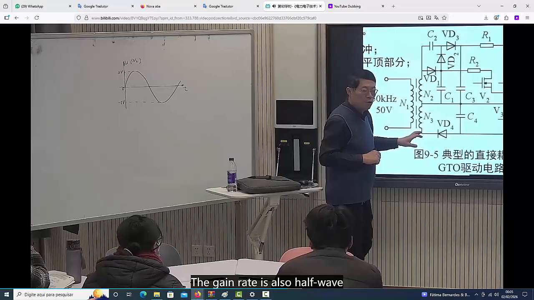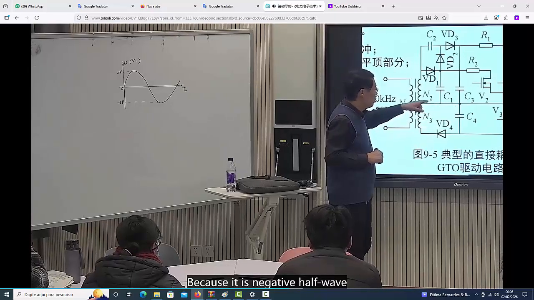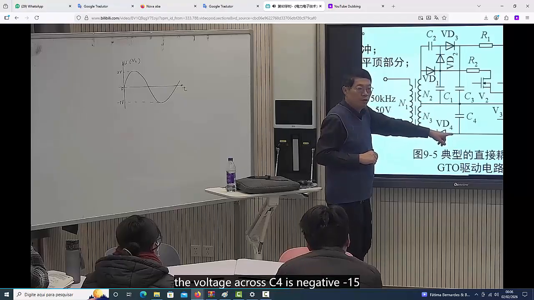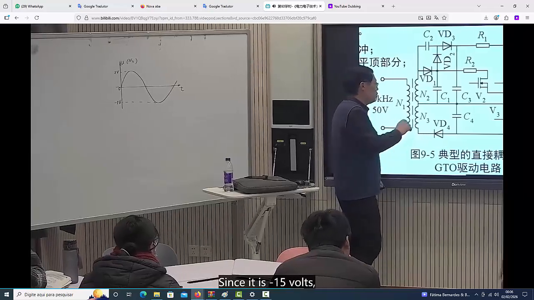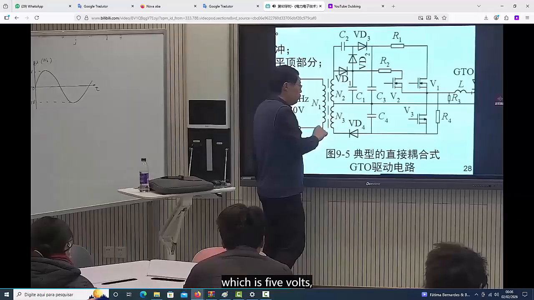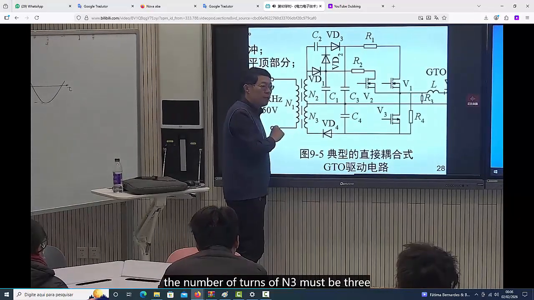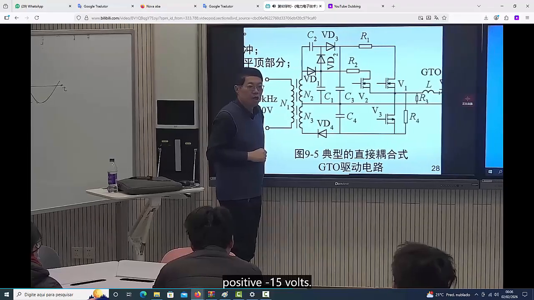This is also half-wave rectification. Because it is negative half-wave rectification, the voltage across C4 is negative 15 volts relative to the common terminal. Since it is -15 volts, while N2 gives 5 volts, the number of turns of N3 must be 3 times that of N2. Its peak output sinusoidal voltage is -15 volts.